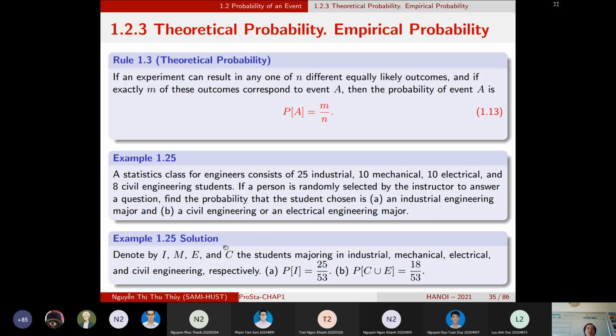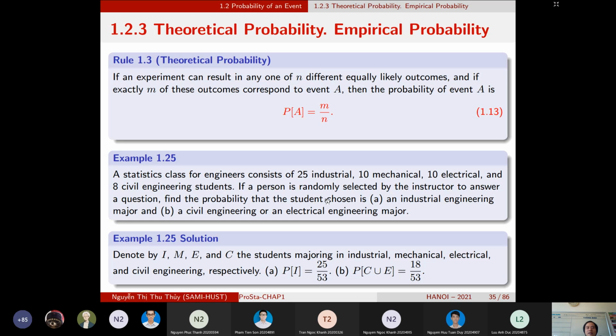Let us denote I the event that we choose a student majoring in industrial, M a student from mechanical, E from electrical, and C from civil engineering. Now we can easily see that the number of outcomes corresponding to event I is 25.